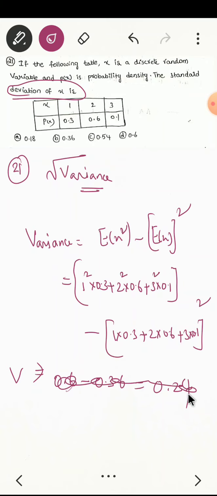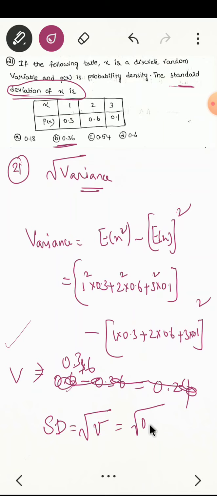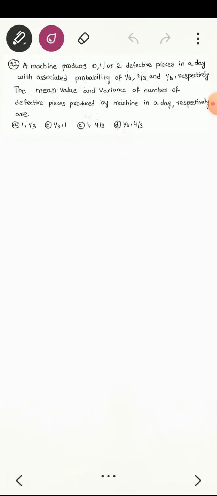If you solve, I am getting 0.36 as the variance, but they are asking for standard deviation. If you tick 0.36, there will be negative marking, because you have done only up to variance. Standard deviation is root over variance, root over 0.36, that is 0.6. Option D is the correct answer.